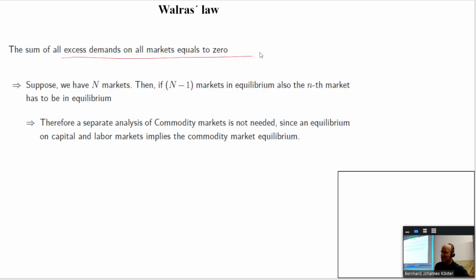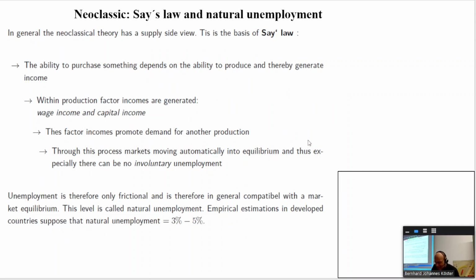And then in the end, we do not have to look at the commodity market, because we know if all other markets are in equilibrium, then in this theory the last market, so to speak, the commodity market, also has to be in equilibrium. And therefore, we do not have a separate analysis of this market.